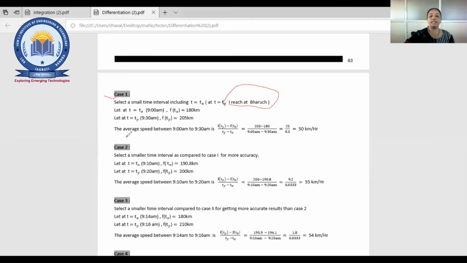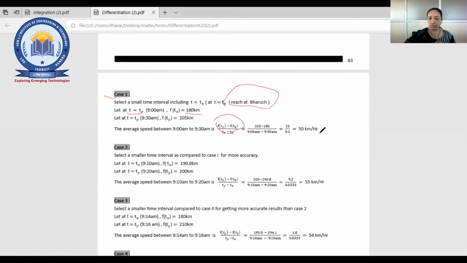Let t equal to tx, that means at 9 a.m., f(tx) is 180 kilometers. At ty, that means at 9:30, f(ty) is 205 kilometers. If you want to find the average speed between these two, then we just compute (f(ty) minus f(tx)) upon (ty minus tx).